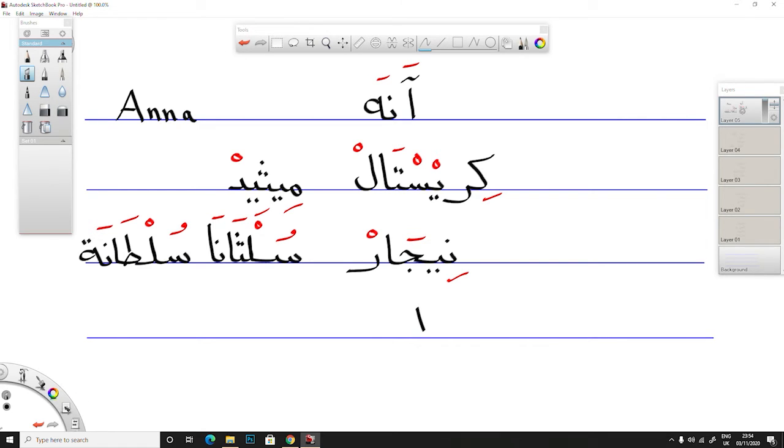The next name is Luis. Waw here is a vowel, but because we have two vowels, I have to add kasra beneath it. When two vowels come next to each other, one of them has to have a tashkil on the top of it or beneath it.